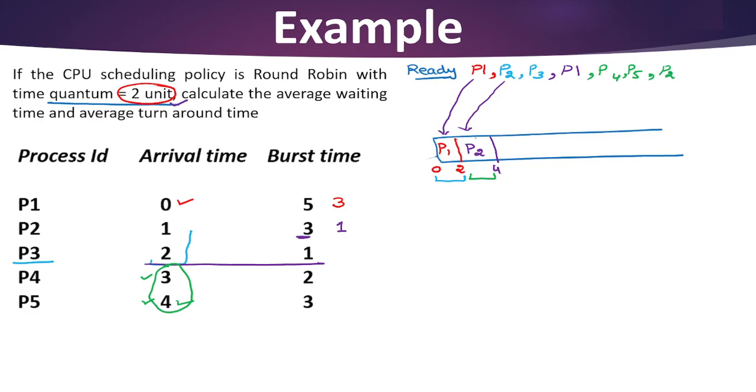Okay, so after P2 shift process P3 here. Process P3 wants CPU for 1 second only, that means from 4 to 5. So process P3 is executed completely, so you can remove it like this. Okay, next we have process P1.